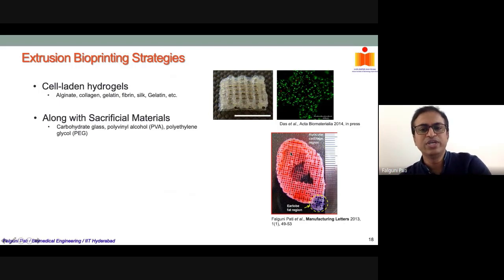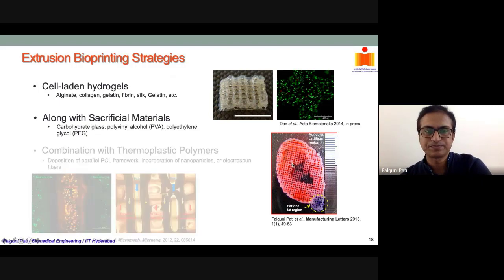Here also, we can provide some support material to print any complex structure. For example, if you have to print an ear shape, it is a very complex structure, so to support the hanging geometry we need to provide support. But the one criterion is that whatever support material we use should be biocompatible and also water soluble, so that we can easily take the material out.